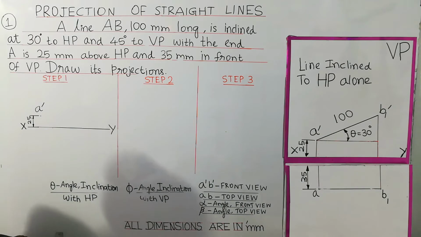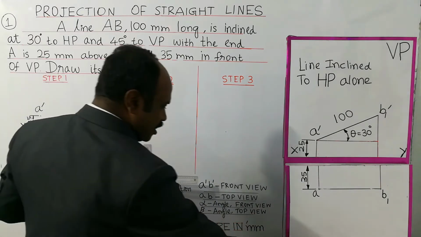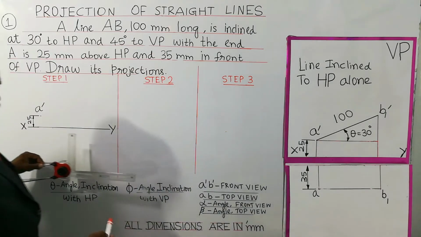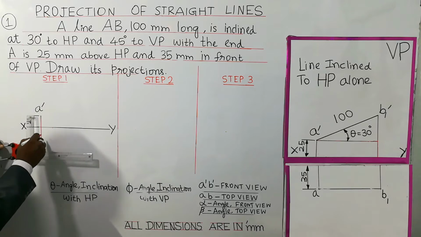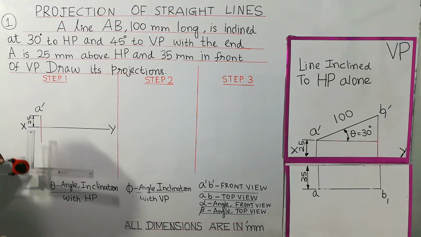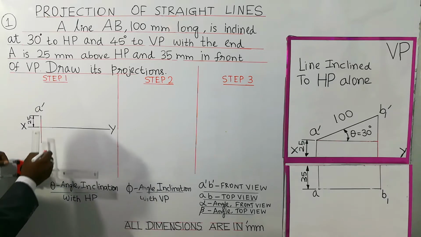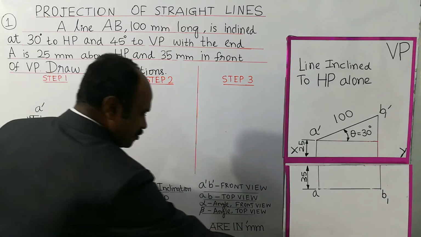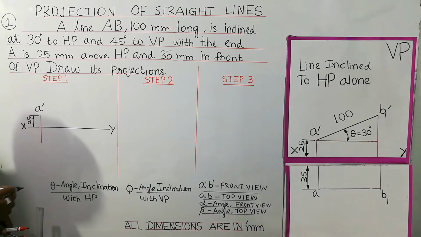From the XY line, draw a projection line using a 2H pencil. A line is drawn, and the distance below the XY line is taken as 35 mm. Put a point at 35 mm. This point is marked as A. A is the point on the top view.